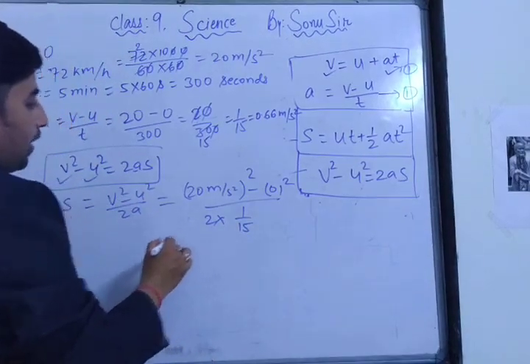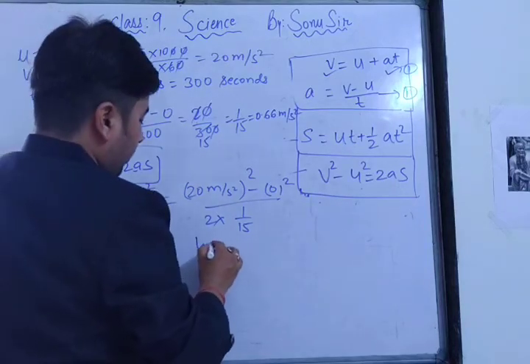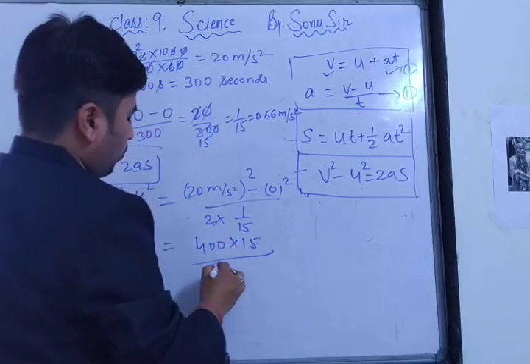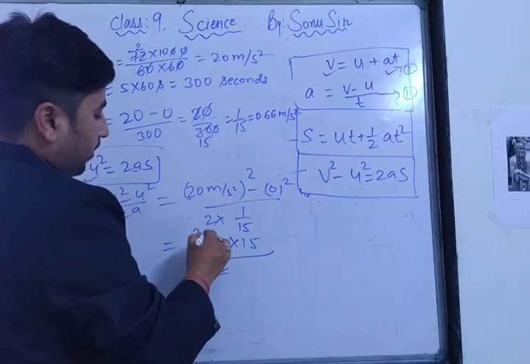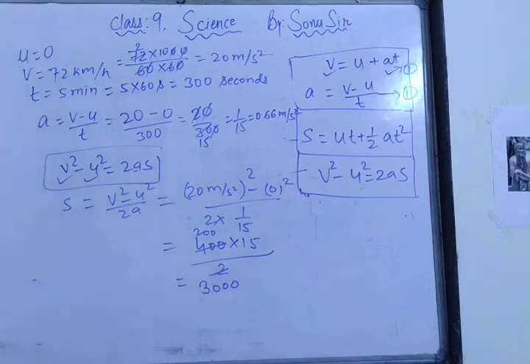So you can write here 20 20 is 400, right? 400 into 15 upon 2. So 200, 15 twos are 30. 3000 meter.